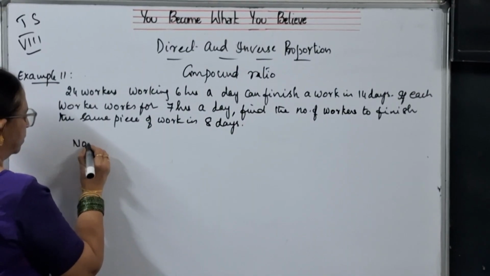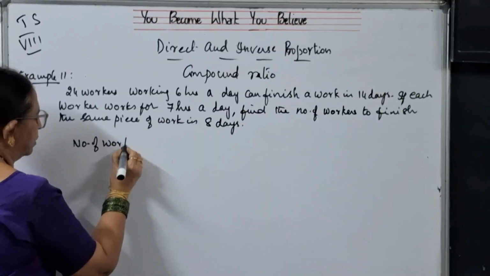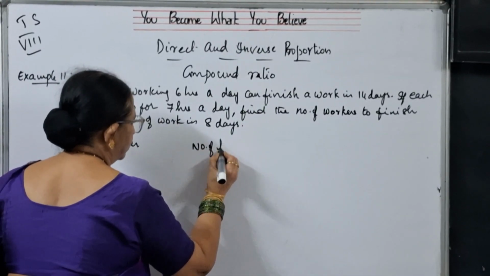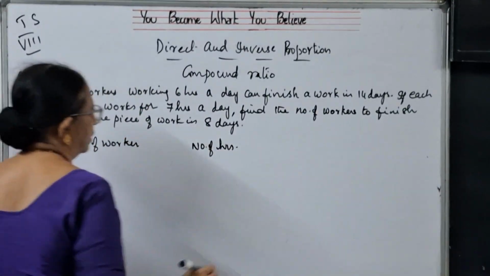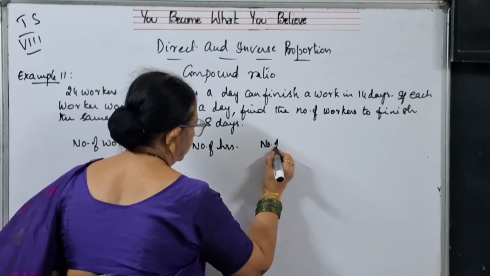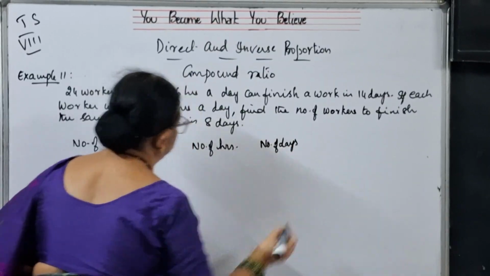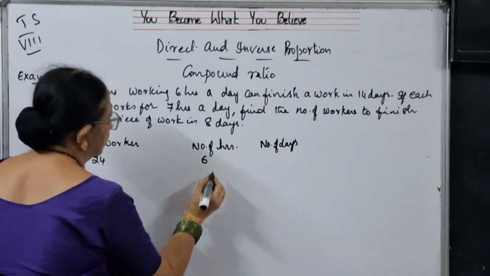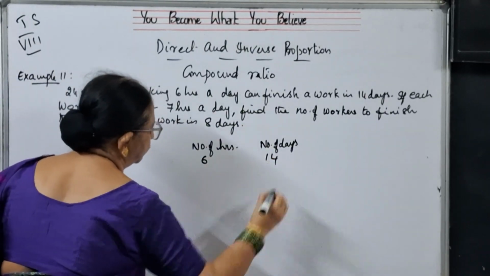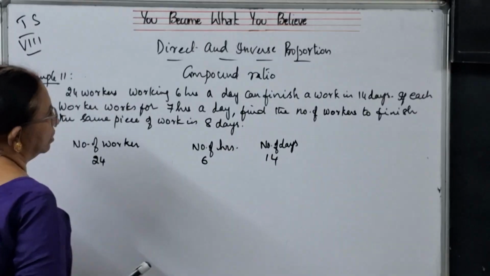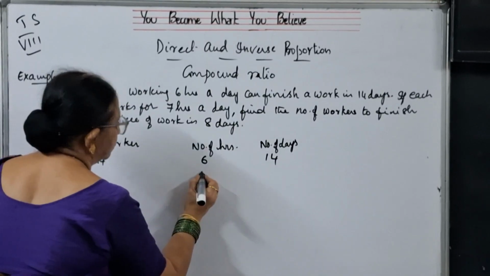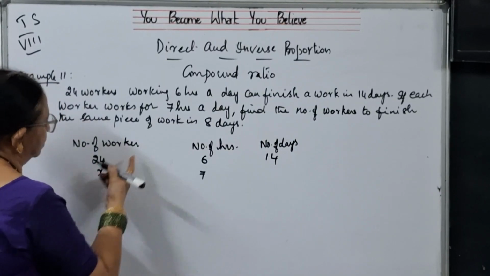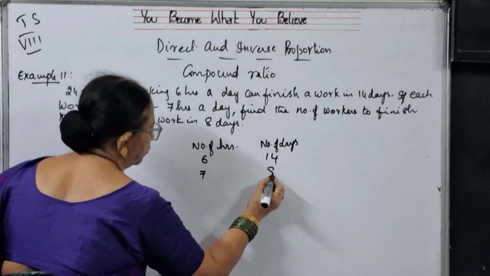Number of workers, number of working hours, and number of days. 24 workers working for 6 hours a day can finish the work in 14 days. Now, if each worker works for 7 hours, find the number of workers, that is, the workers are x, to finish the same piece of work in 8 days.